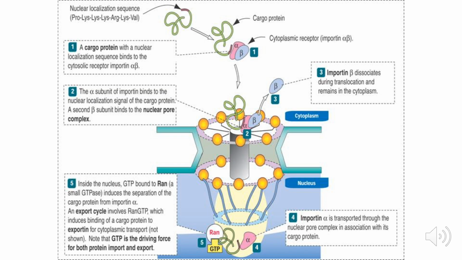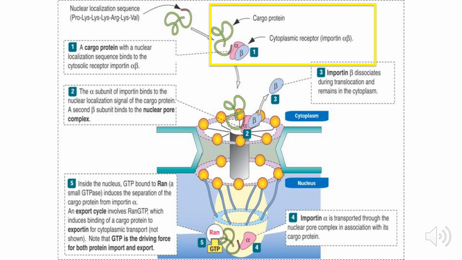Please take a look at this schematic diagram. You have here a protein with a nuclear localization signal. The nuclear localization signal is the one pointed by the black arrow. So it would only mean that this protein is destined to go inside the nucleus. That nuclear localization signal will be recognized by importin.